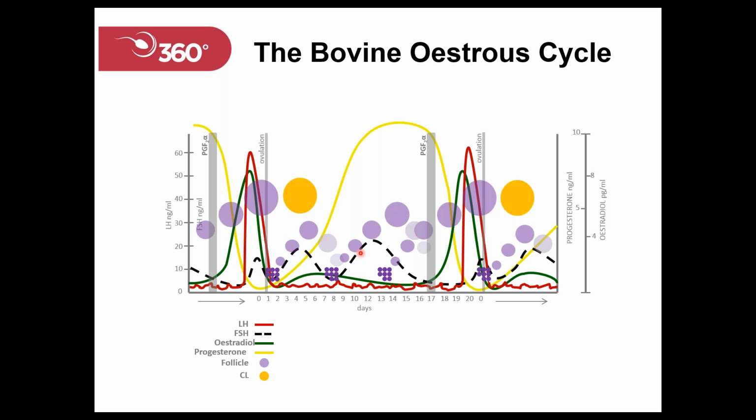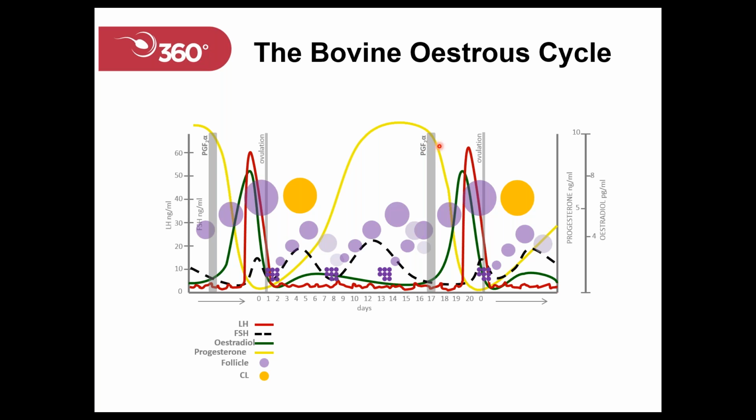Now, throughout the bovine estrus cycle, there's approximately 2 to 4 follicular waves. Most cattle tend to have 3 follicular waves. Each of these follicular waves is sparked by short increases in FSH concentration. Towards the end of the cycle, the progesterone is removed from the circulation when the uterus secretes prostaglandin.